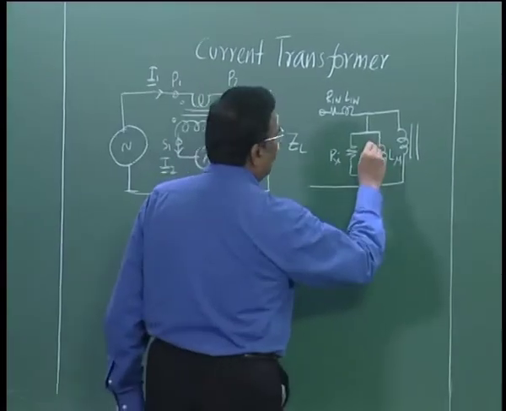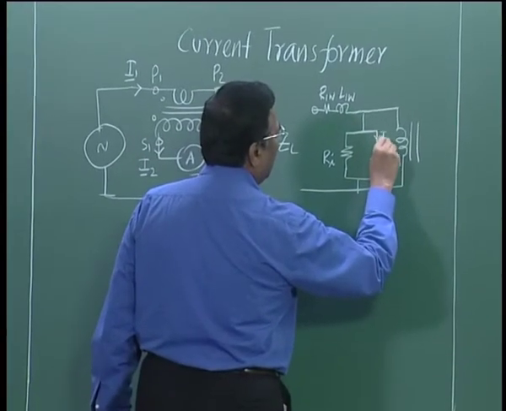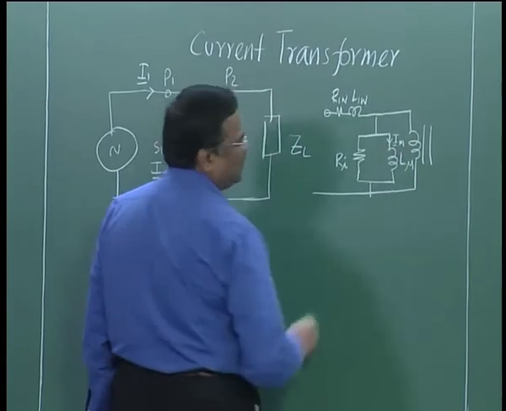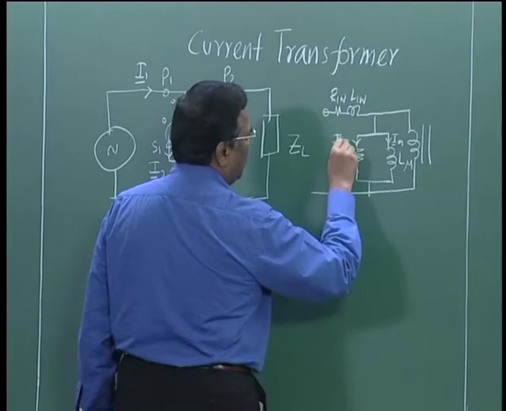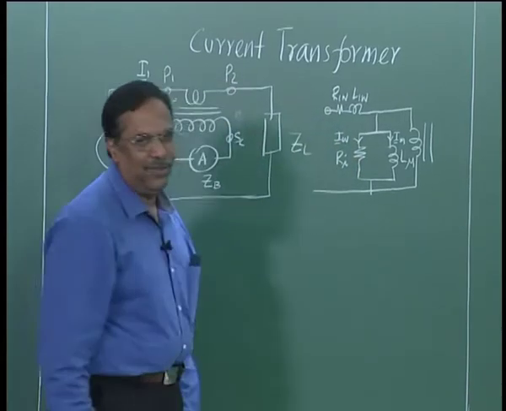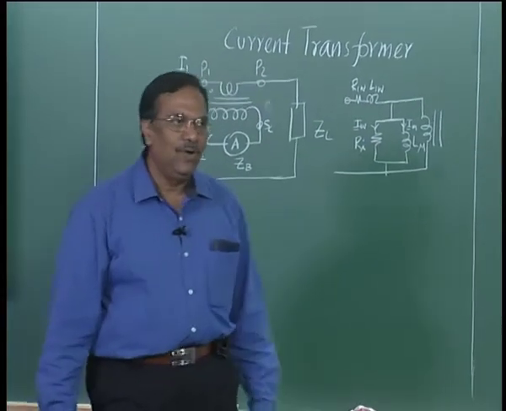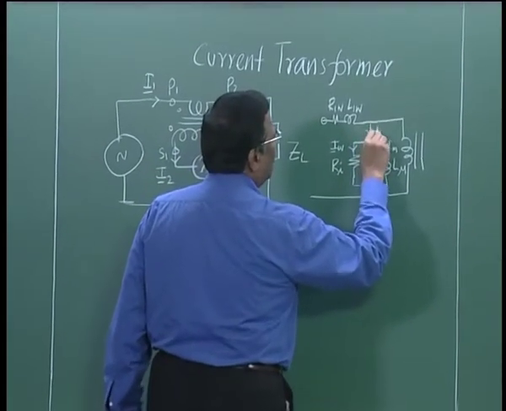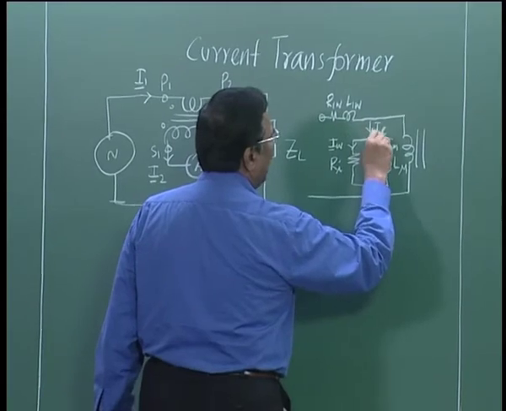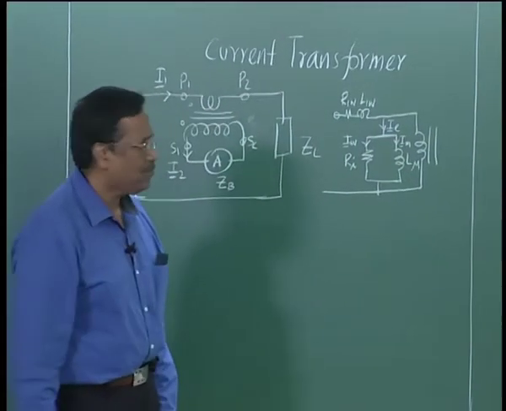So, the current through L mu, that is the current responsible for the flux, we call it Im. The current that is responsible for supplying the losses in the core is Iw, and Im and Iw together constitute the excitation current Ie.